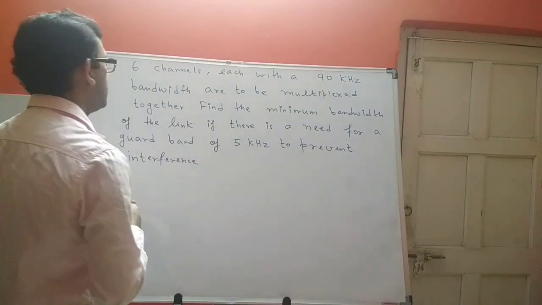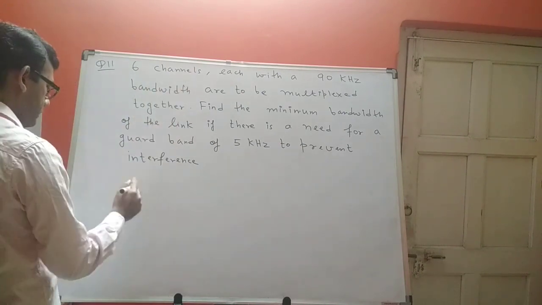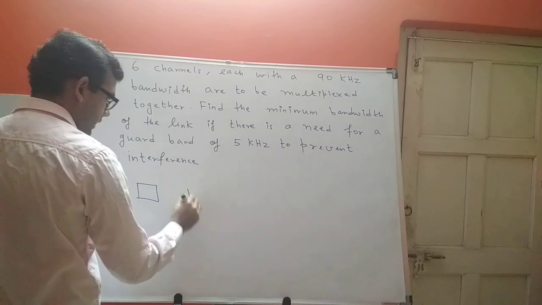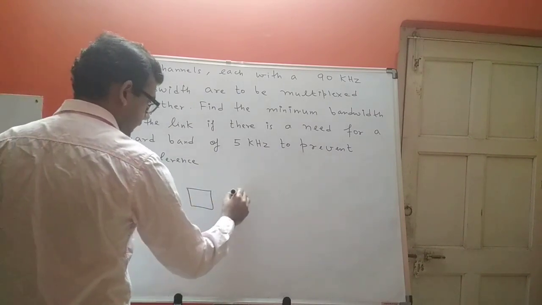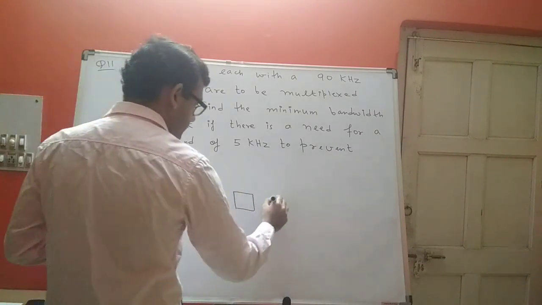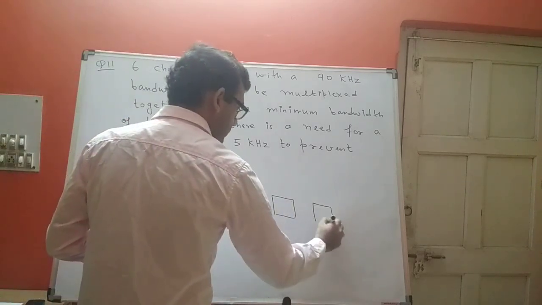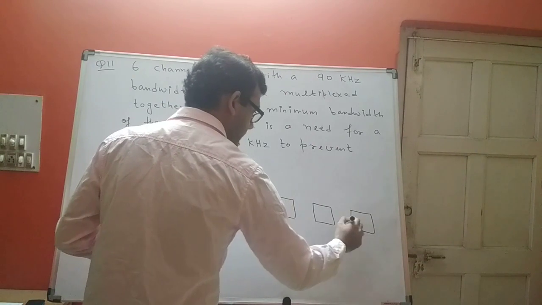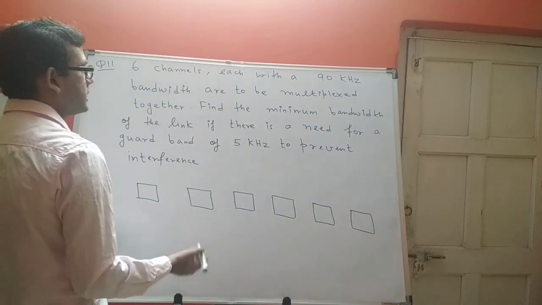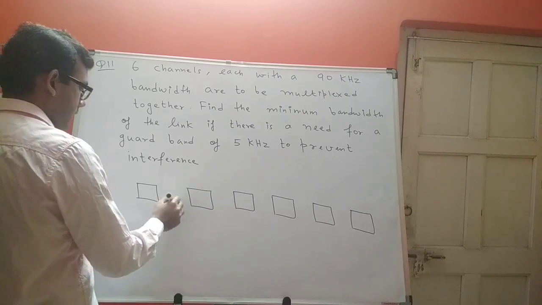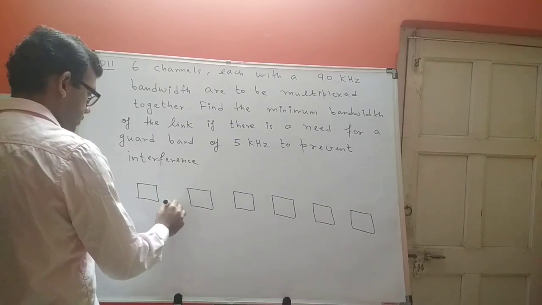Now here you have 6 channels. So a link has been divided into 6 channels. I am denoting every channel by this box. So I have 6 boxes, each box denoting a channel: 1, 2, 3, 4, 5 and 6. Now there is a guard band, shown by this arrow.